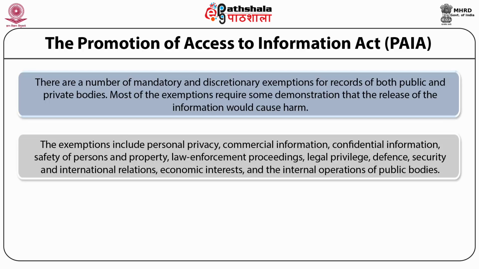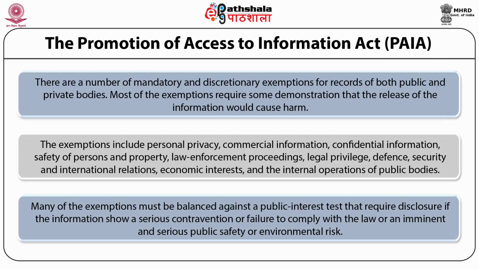Confidential information, safety of persons and property, law enforcement proceedings, legal privilege, defense, security and international relations, economic interests, and the internal operations of public bodies are all exempt from disclosure. Many of the exemptions are balanced against the public interest test, right? Public interest in disclosure versus public interest in non-disclosure, and a failure to comply with the law, right?